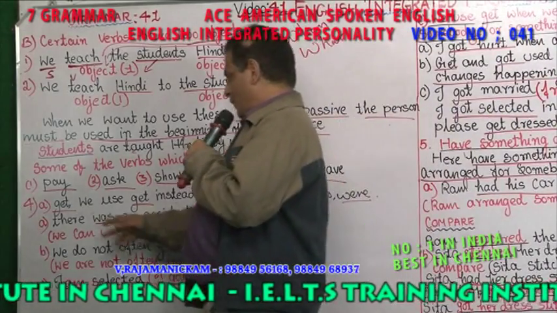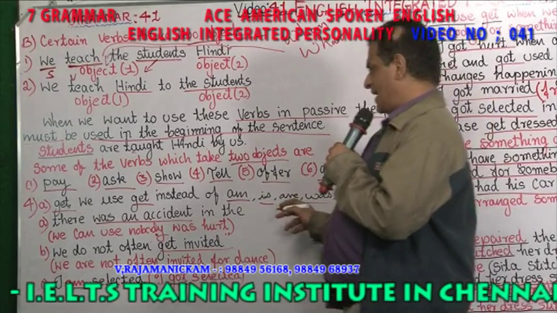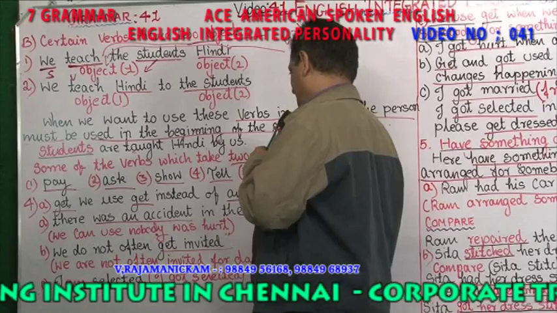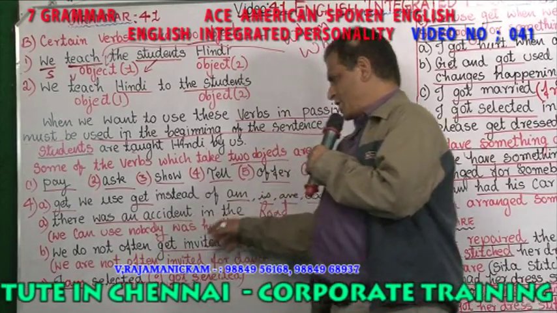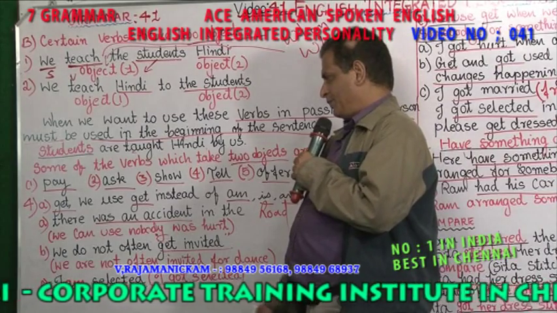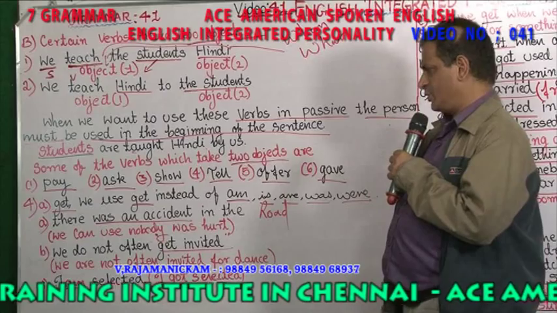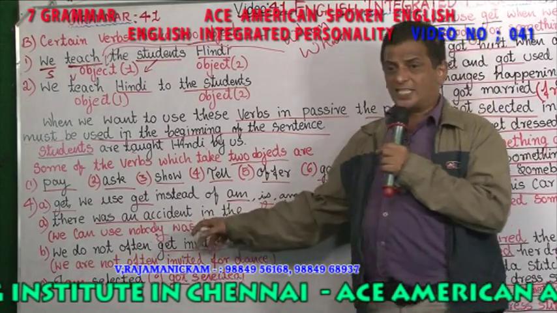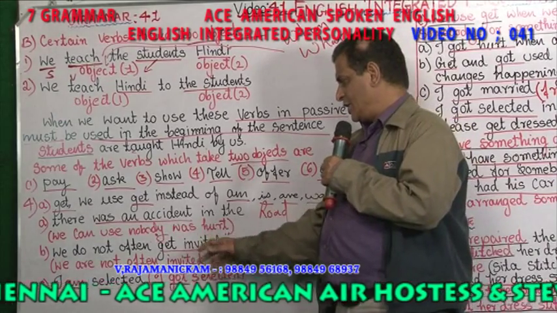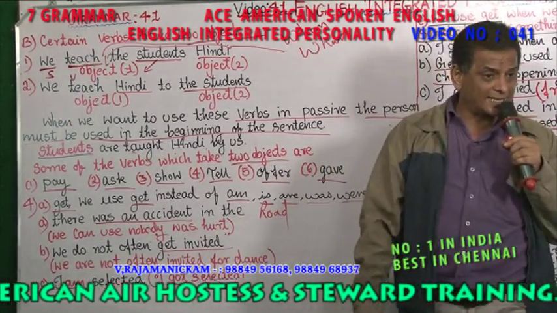See, there was an accident on the road. Nobody was hurt. So, we can say nobody was hurt, or nobody got hurt. Instead of was hurt, you can use got hurt.